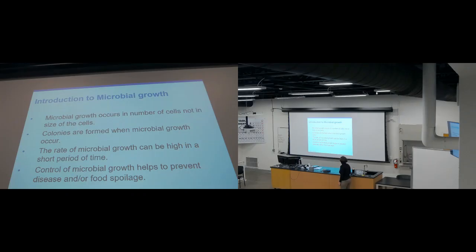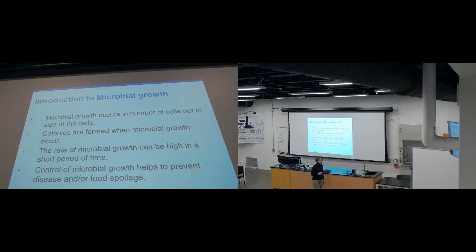And now we are going to be reminded of some of the principles that we saw in the previous chapter, including knowing what microbial growth is. Microbial growth is the growth of microbes in cell numbers, but not the size of the microbes. When microbes grow on a solid surface, they form visible groups that we know as colonies, and these colonies typically come from a single microorganism.